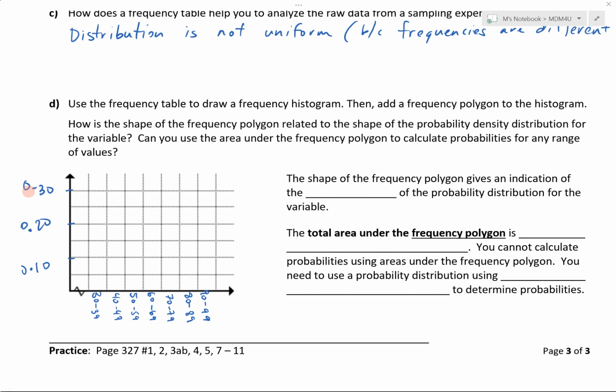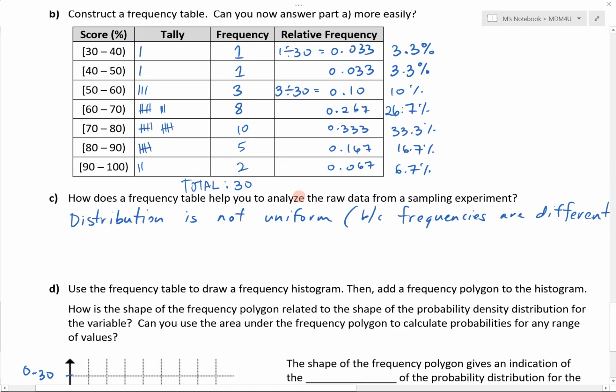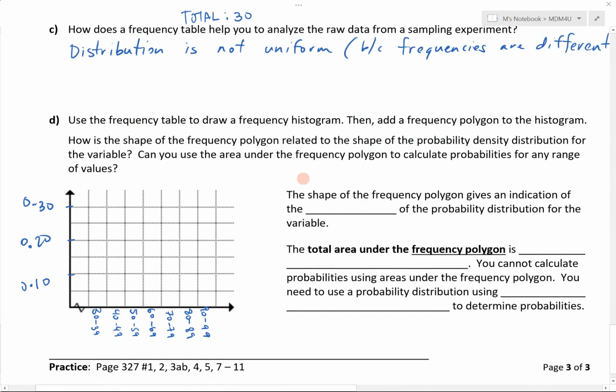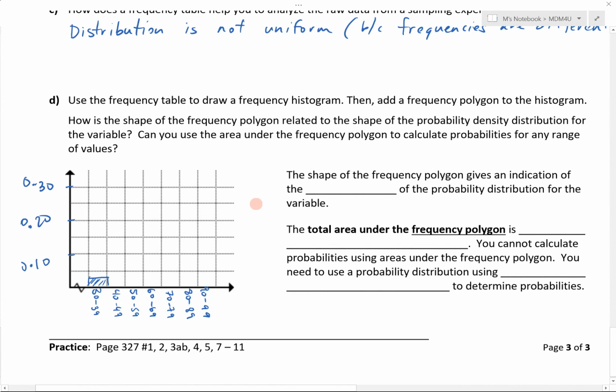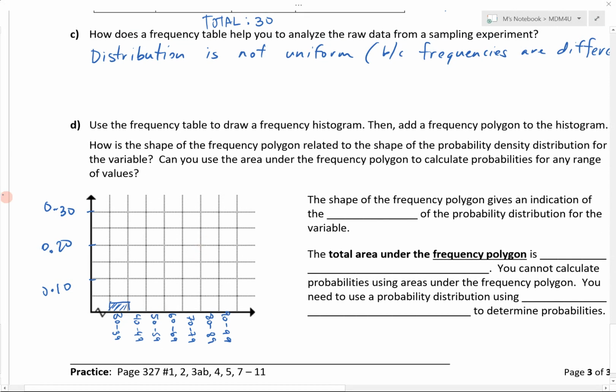Now, if I take every single frequency value and plot them, in the first one I will have a frequency of 3.3%, so somewhere about here. I'm using the percentages now, so 3.3%, or the relative frequency of 0.033. So I'm plotting the relative frequency. It may help to label your axes too, so relative frequency.